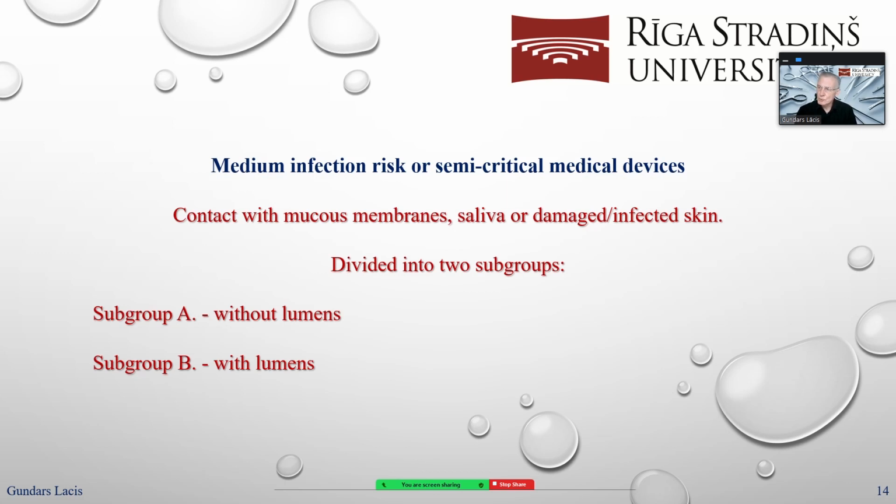And here is a huge difference in how to wash and disinfect channels. That is why the second risk group, semi-critical devices, is divided into two subgroups: subgroup A without lumens or channels, and subgroup B with lumens and channels.